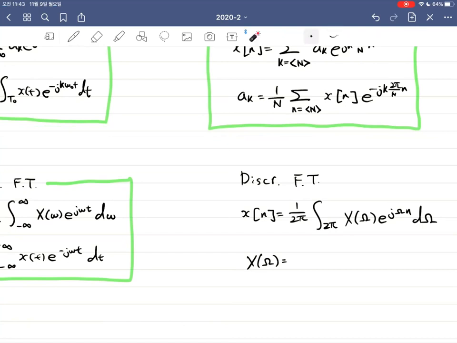And even though we're talking about discrete time, its Fourier transform was continuous and also periodic. Remember, this was a very important factor. And we can complete this equation like this.